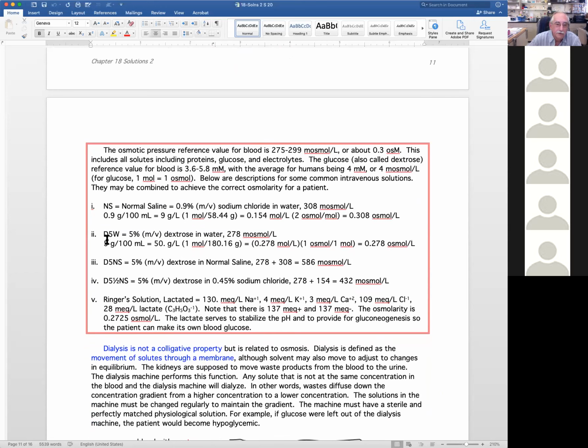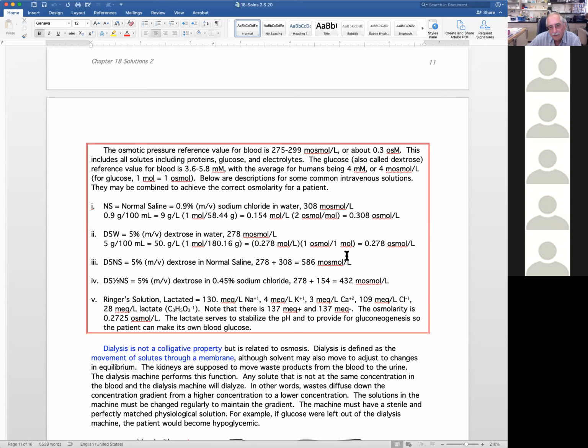And then we have D5W, which is 5% dextrose in water. Dextrose is glucose, or your blood sugar, also about 0.28 maybe. Then we have D5 normal saline, which is 5% dextrose in normal saline.